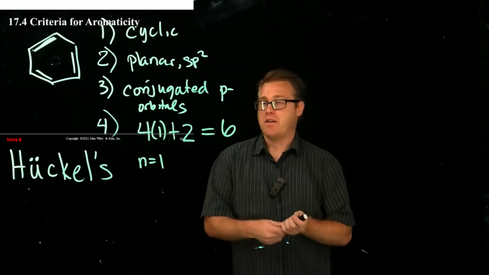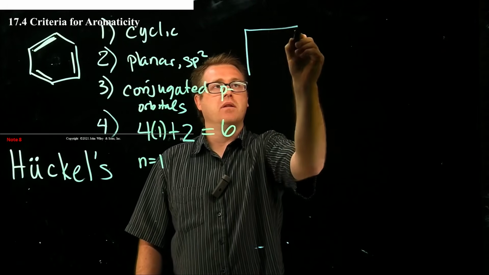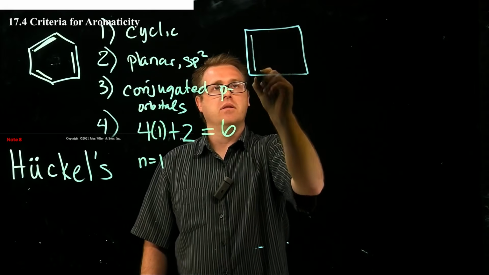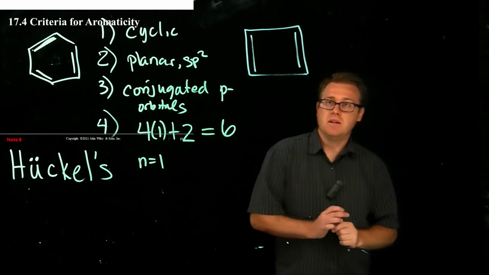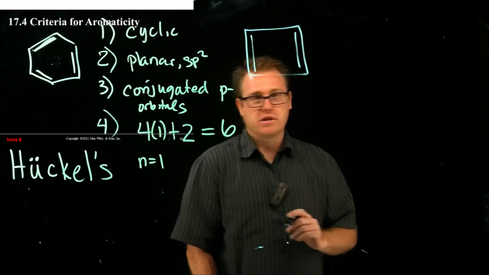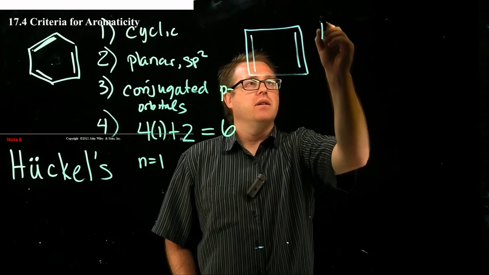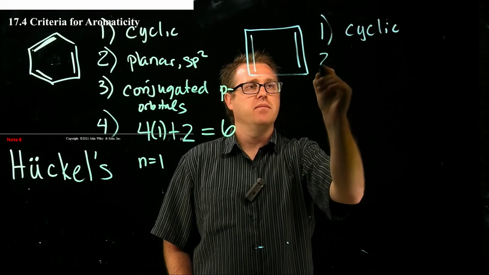Now let's compare that to cyclobutadiene. Okay, and take a look at that. Is that aromatic? Well, we've got to go through the rules with every one. Is it cyclic? Yes, it is. It's a ring.